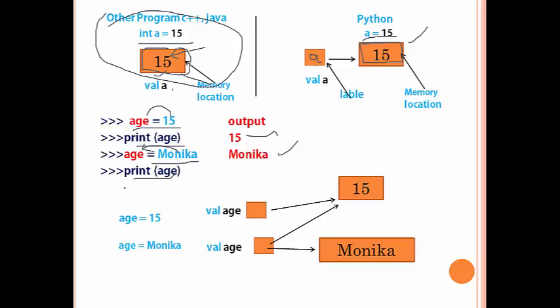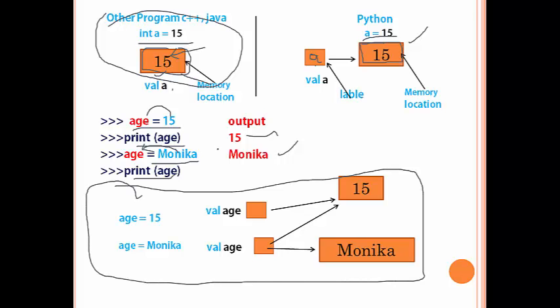One more thing I want to make clear: how is it possible that the same variable can be assigned different types of data, first an integer and then a string? When we first create a = 15, there is a memory location storing 15, and this label references that memory location.